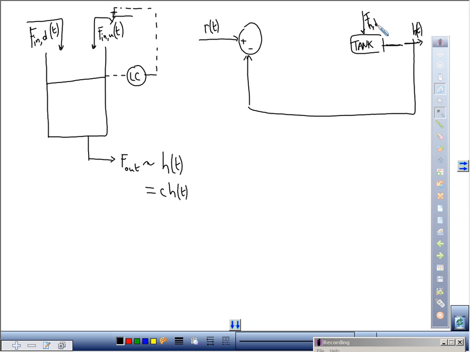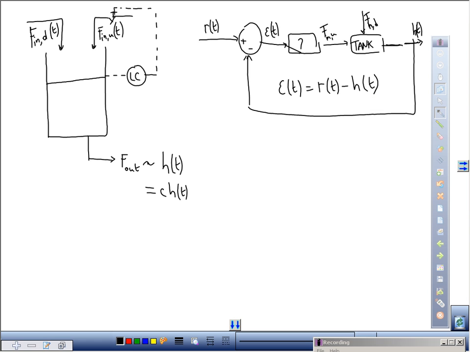On the one hand, the disturbance, and on the other hand, the manipulated variable. Here is my controller, and the question now is, what do I put inside this block? And this is my error signal epsilon, which is defined as the difference in this case between the reference level and the real level.